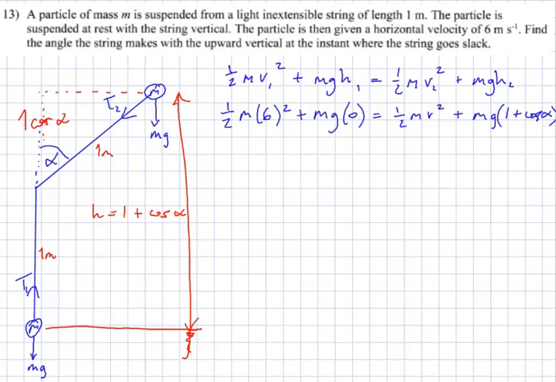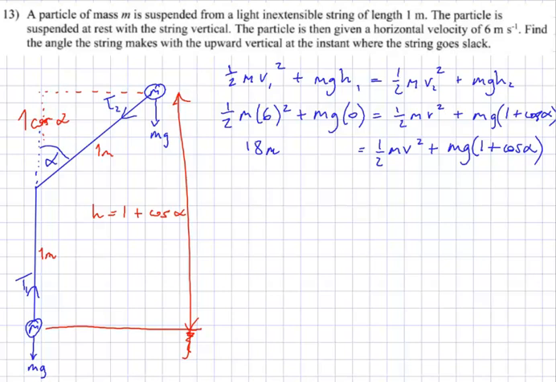So on the left hand side, I'm going to get a half of 36 multiplied by its mass, and on the right hand side, I'm just going to get a half mv squared plus mg times 1 plus the cosine of alpha. I can rearrange that.